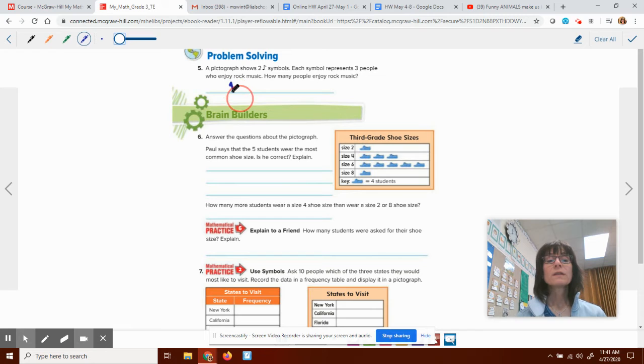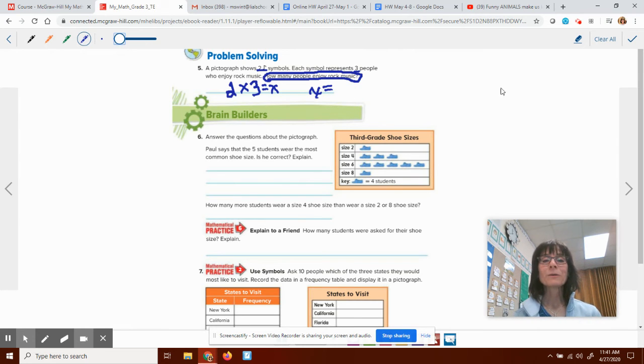Well, if each of those musical notes, there's 2 of them, represent 3 people, we're going to say this is 2 times 3 equals X. Then X is going to equal the number of people that I'm trying to figure out. My important information: I then know that X equals how many people. And everybody here knows how to do that.